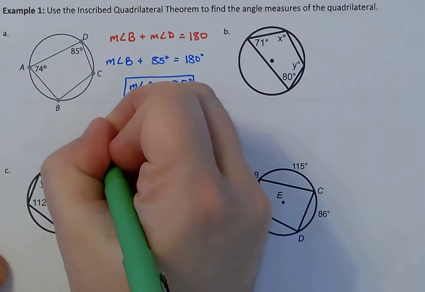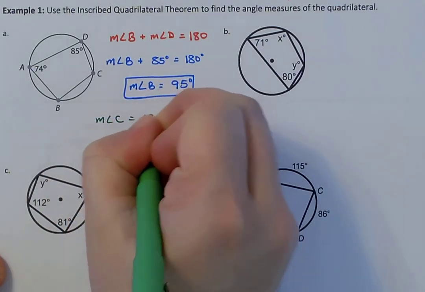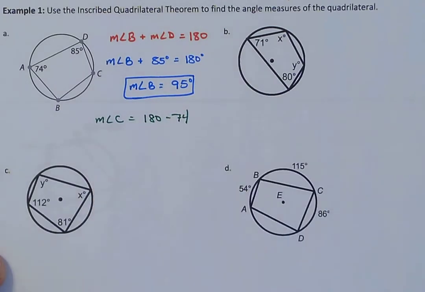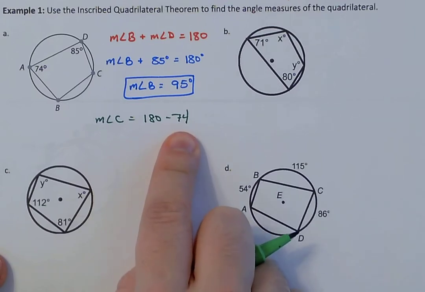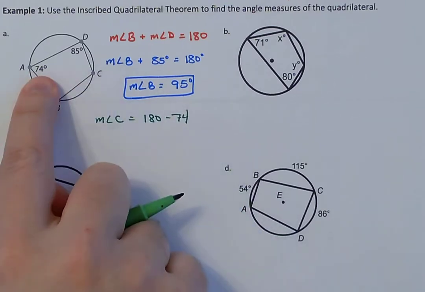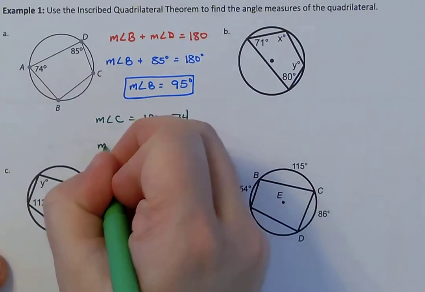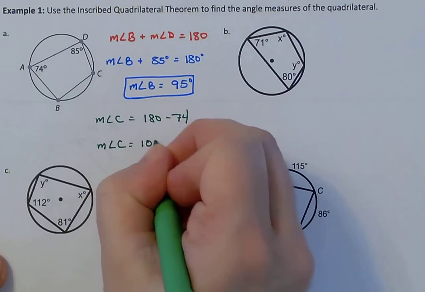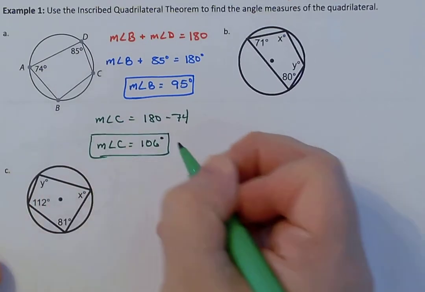So the measure of angle C is 180 minus 74, because 74 is the angle opposite of the angle we're trying to find. That tells us the measure of angle C is 106 degrees.